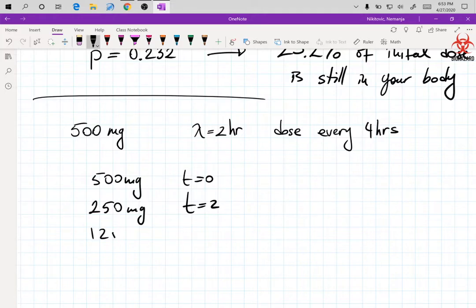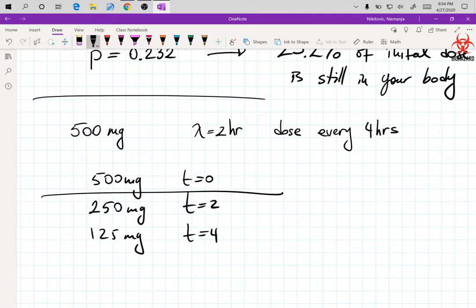There is 125 milligrams at t equals 4, right? Because you lose half of what's there, and then in the next 2 hours, you are losing half of what's there. Well, now what's there is 250, so you are losing half of 250. You are not losing the second half of 250 from 500. No, this is like a completely new problem now, right? It resets, and it says, the next 2 hours, I'm losing half of this amount.